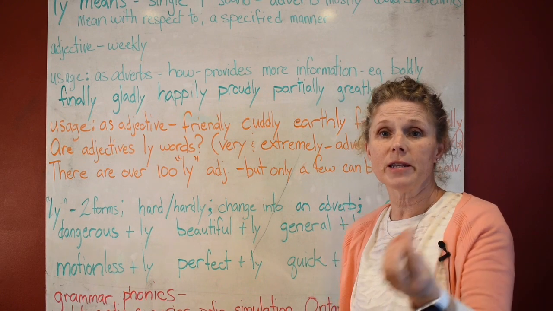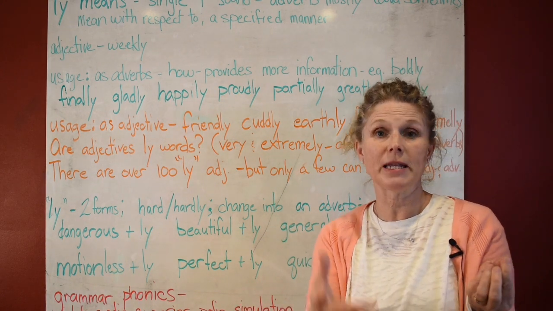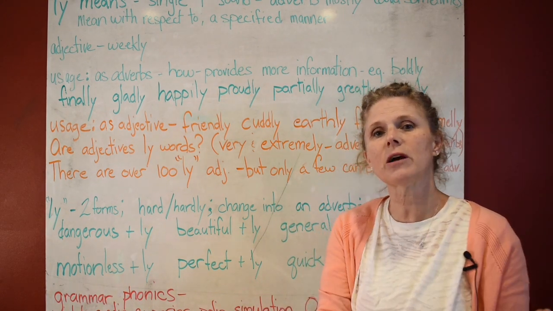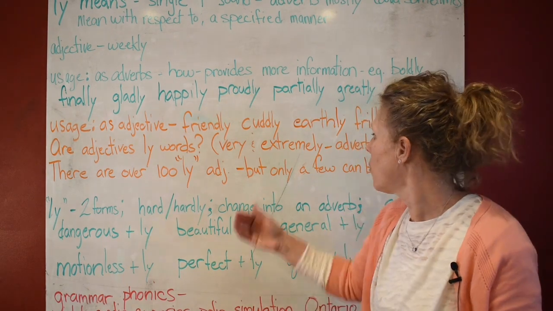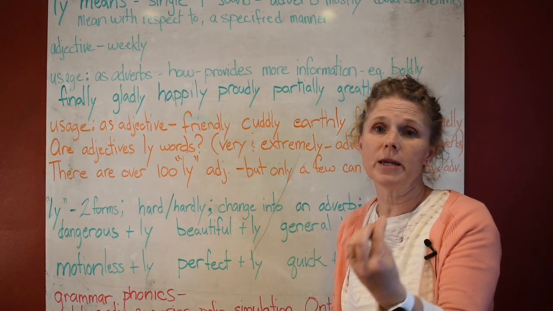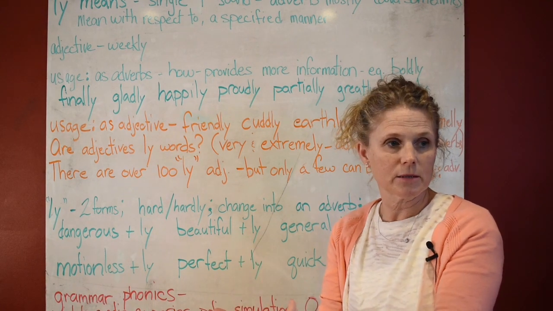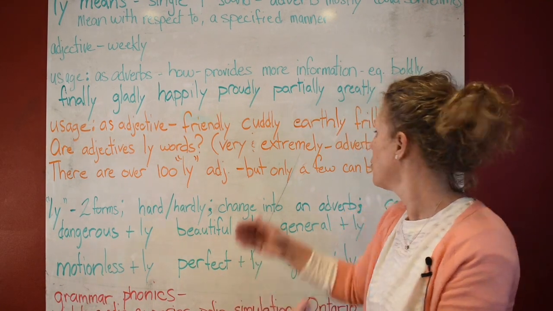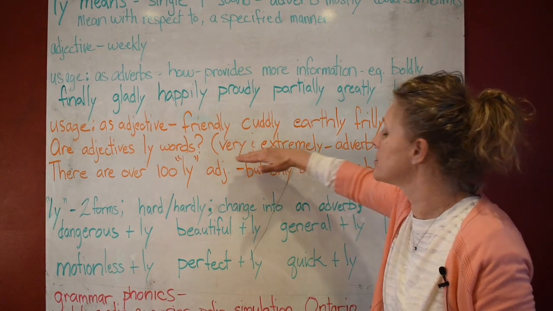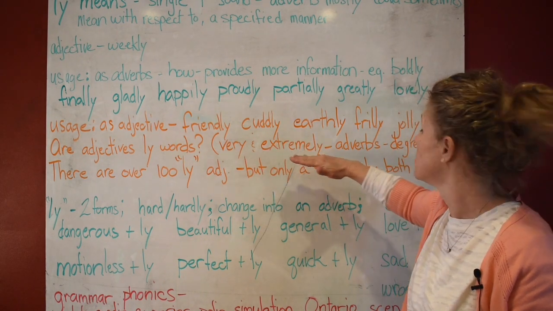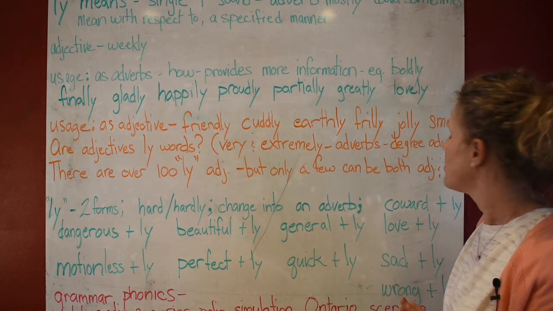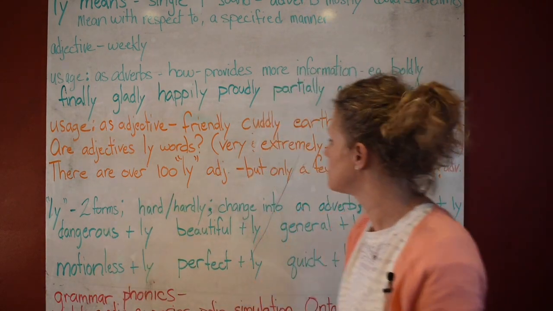So the very nice boy, see how it's describing nice. It's very nice. They're not saying very boy. So the extremely nice boy, see how extremely is describing nice. But these sometimes will get confused as adjectives and they're not, okay? But they tell a degree.